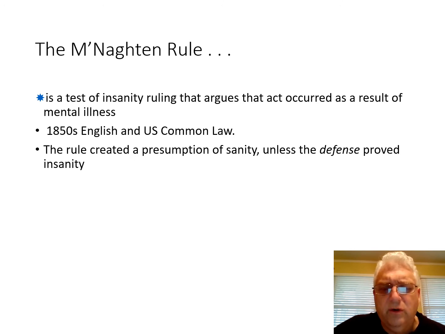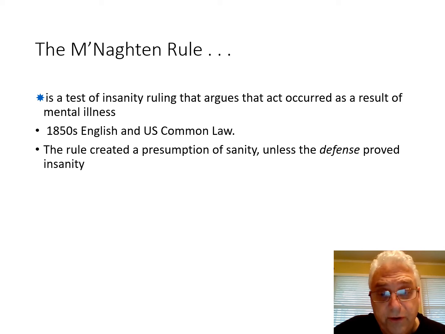So essentially, here's what we have. For the longest time in the United States, the McNaughton rule was the precedent for the insanity defense. It goes all the way back to the 1850s. What McNaughton does, and this is important to write down and underline in your notes, is the rule created a presumption of sanity.